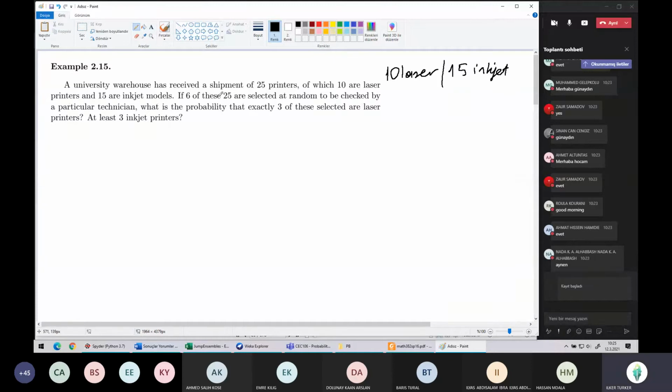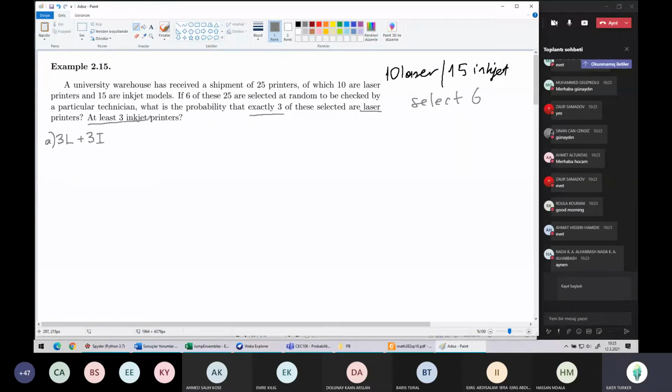If 6 of those 25 are selected at random, to be checked by a particular technician, what is the probability that exactly 3 of these selected are laser printers? Exactly 3 laser means 3 laser plus 3 inkjet. Okay, this is part A of the question.